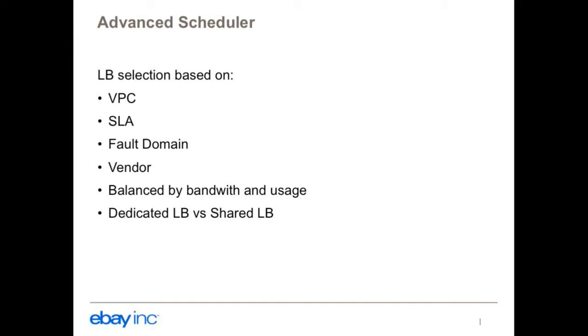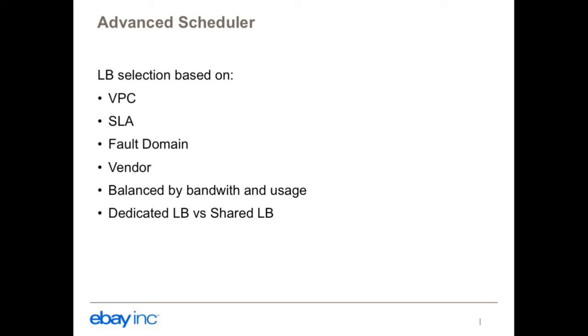Now, the next topic is the advanced scheduler. We figured out very soon that to have a multi-vendor, multi-VPC solution, we needed advanced scheduling, which does not come by default with OpenStack LBaaS. So we had to implement a two-stage scheduling algorithm, which makes LB selection based on multiple factors: the VPC, virtual private cloud, where the tenants are coming from, what the tenant SLA is, how fast they want the service, what their bandwidth requirement is, what vendor they need, and what fault domain they are looking for.